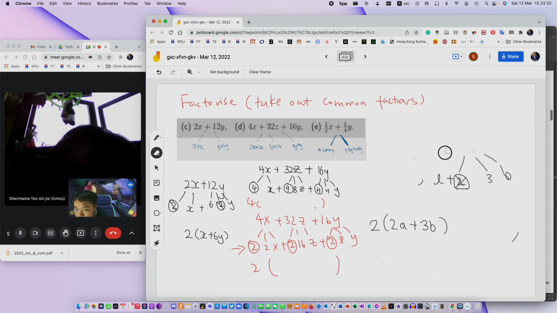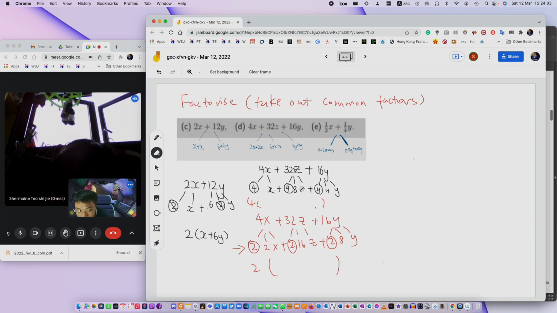Should you use the 4 or should you use the 2? Answer my question. Should you use the 2 or should you use the 4? Or both are okay?